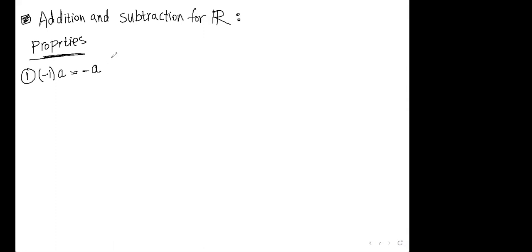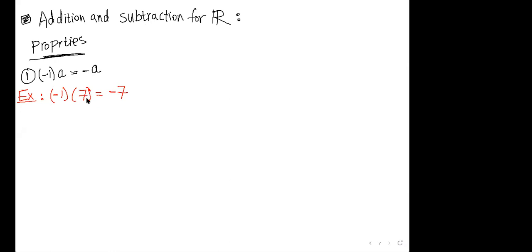Who will give me an example for this one? For example, if I choose A as any real number, -1 times 7. What's the answer? -7.